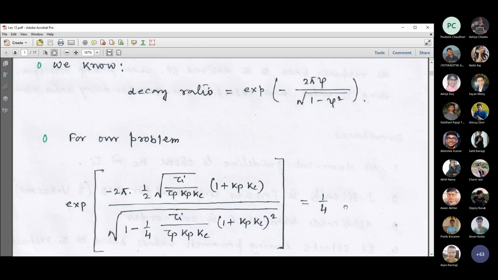We are currently discussing the tuning method, namely 1/4 decay ratio. So this is decay ratio expression and that is equal to 1 by 4. Just substitute the expression of zeta inside this decay ratio expression and get the last form of equation shown in the slide.